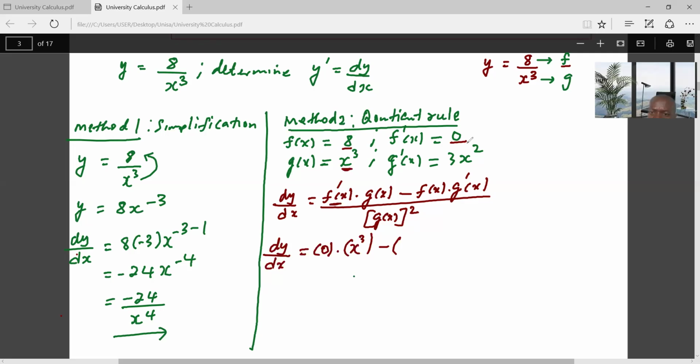What is the derivative of g? 3x squared, divided by g of x. G of x is x cubed, but it's all squared. Let's simplify this. Already this is 0. It means you're going to have negative 8 times 3, 24x squared over. This becomes x to the power of 6.